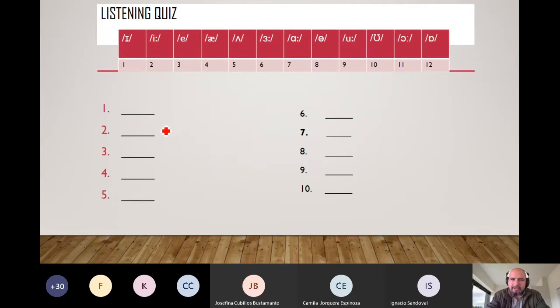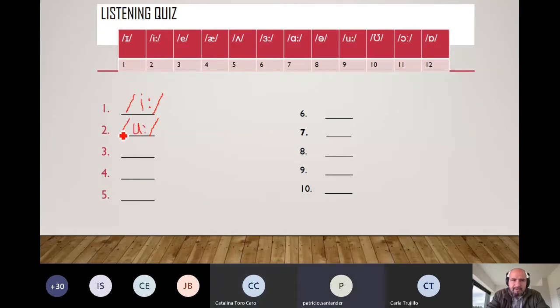Alrighty, so the answers. For the first one, what do you think? Number 2. Long E, exactly. For the next one? 9. Number 9, long U, exactly.